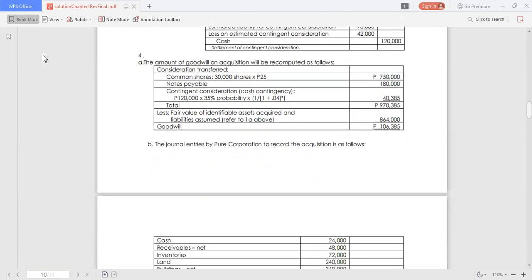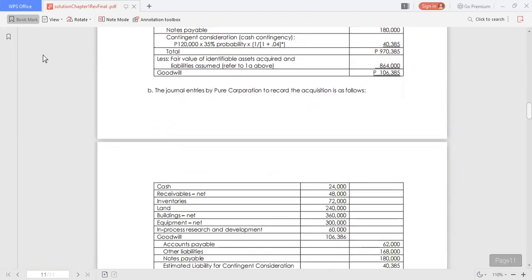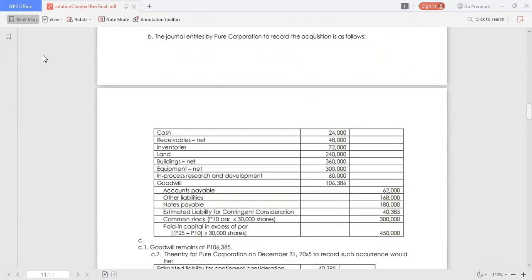Letter B, the journal entry by Pure Corporation to record the acquisition.